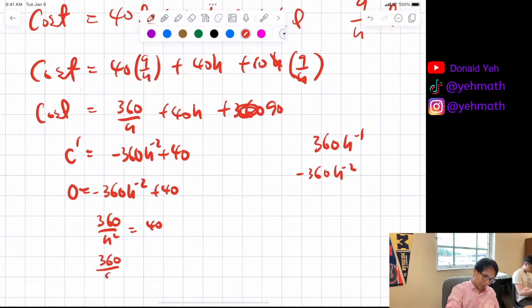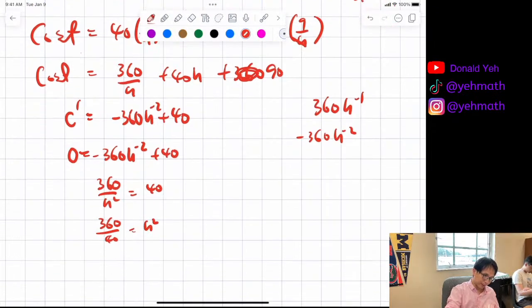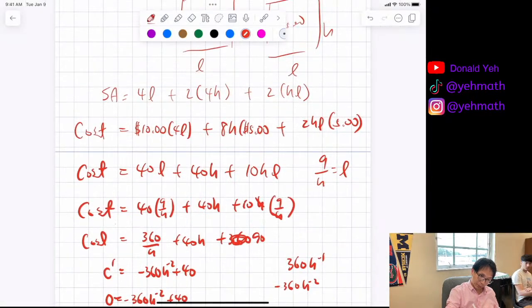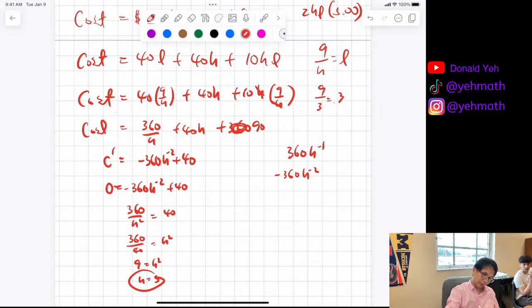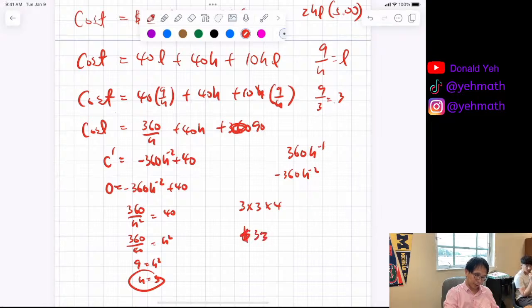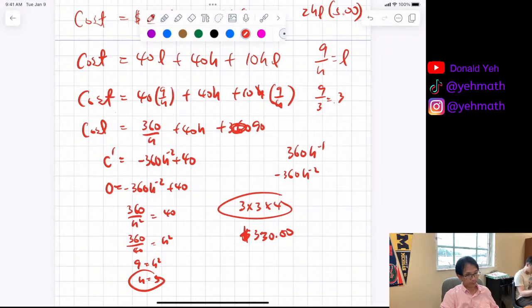So 360 over 40 equals H squared. 9 equals H squared, so H is equal to 3. So go back and plug in: 9 over 3 is equal to 3. So it's 3 by 3 by 4. And the cost is $330. That's the cost, but 3 by 3 by 4 is the dimension.